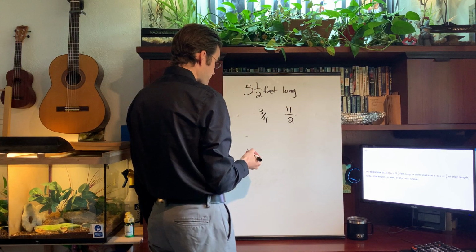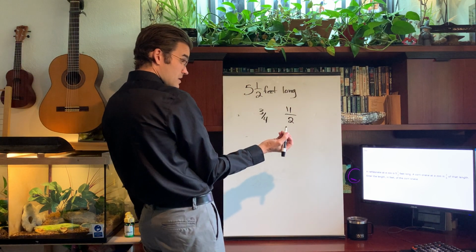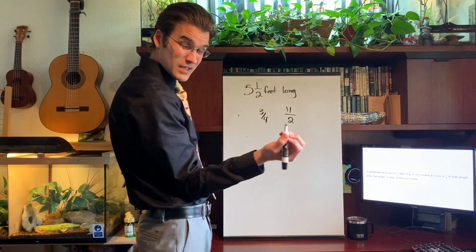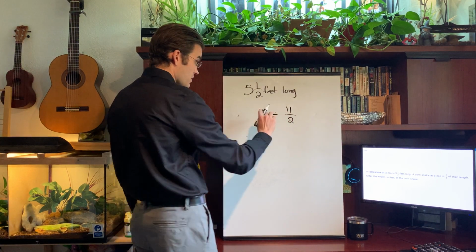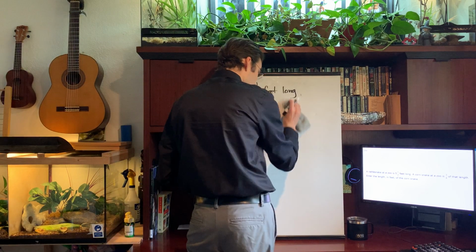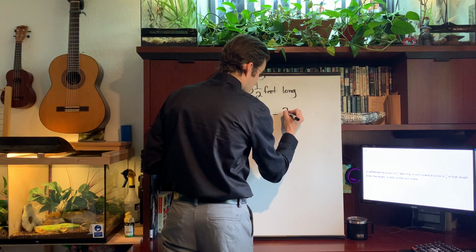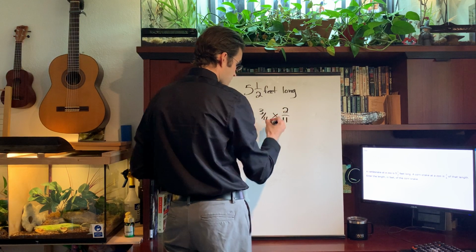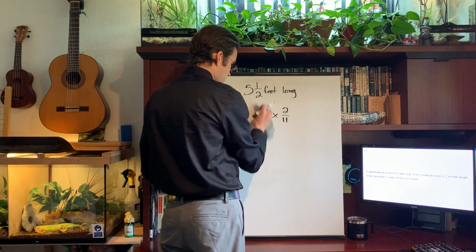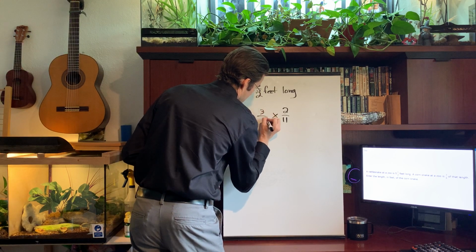Okay. Now, we say divide. Let's divide and see what happens. Okay, so if we divide, then we're going to flip this one, and it's going to be 2/11, and then we're going to multiply this. So I'm going to rewrite this so it looks better, 3/4.